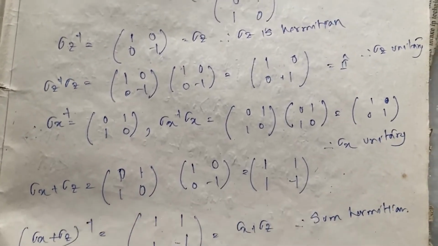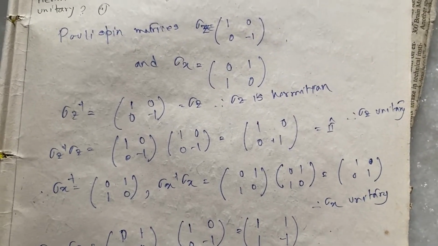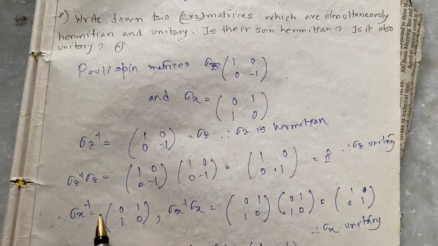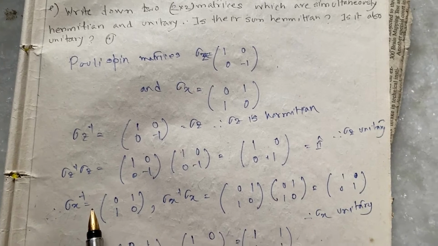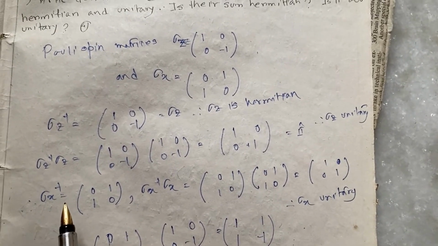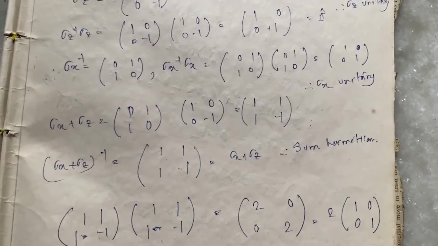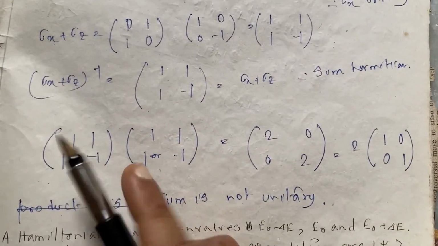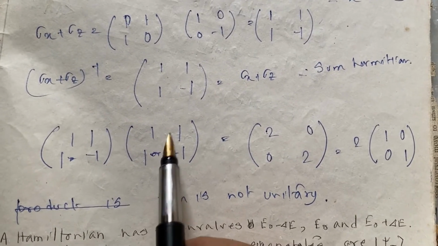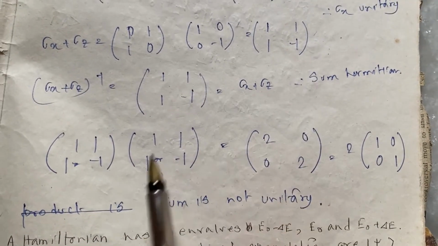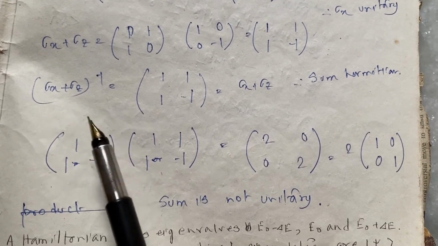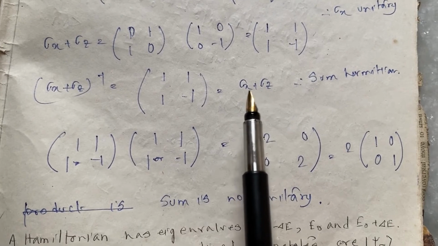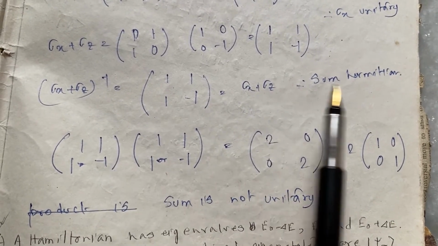Now these are two very important properties of these two spin matrices. We came to know that sigma x and sigma z are unitary and Hermitian. Now I would like to check whether the summation is Hermitian and unitary too. So this is their summation. Again, we are taking sigma x plus sigma z dagger, which is sigma x plus sigma z, so their summation is also Hermitian.